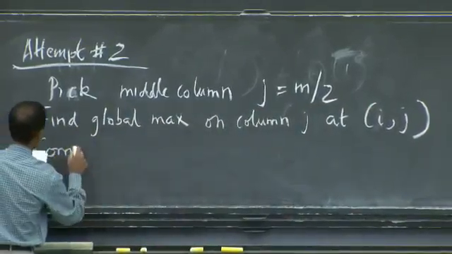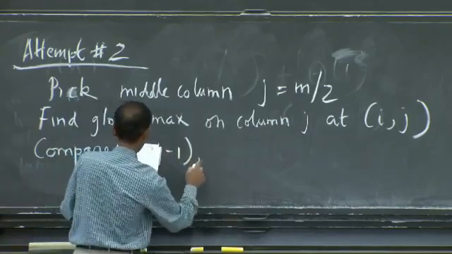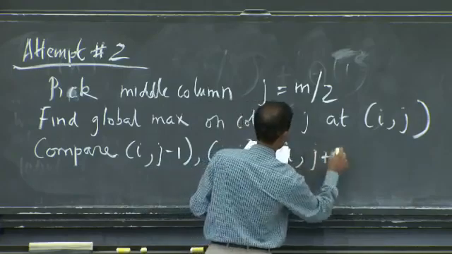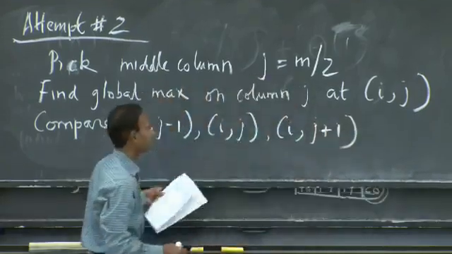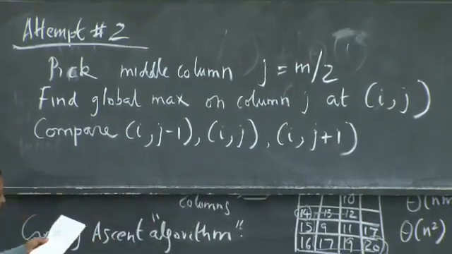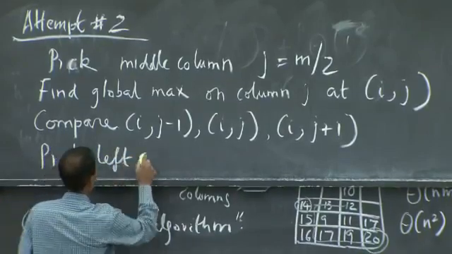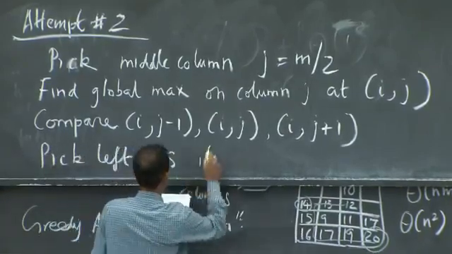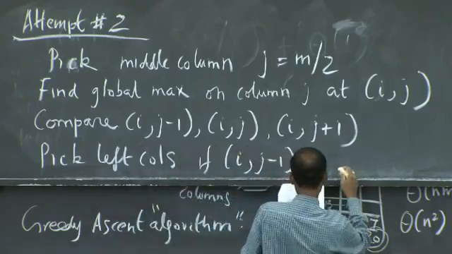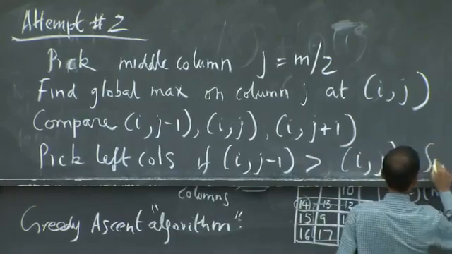I'm going to compare (i, j minus 1), (i, j), and (i, j plus 1), which means that once I've found the maximum in this row, I'm going to look to the left and the right and compare. I'm going to pick the left columns if (i, j minus 1) is greater than (i, j), and similarly for the right.